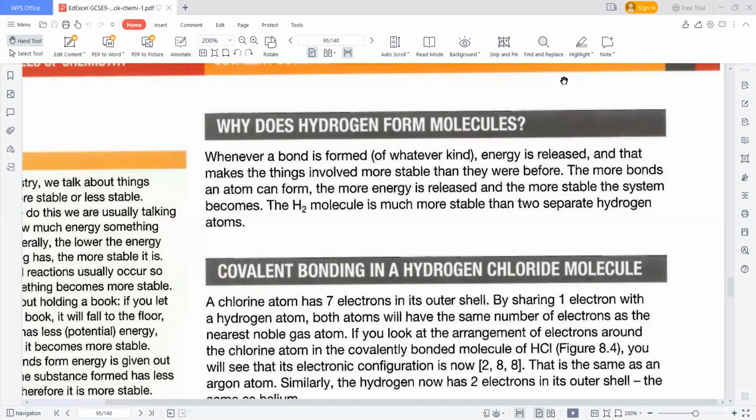So what they are trying to say is that things were earlier unstable. When they create the bonds, they got stabilized. So simply, things create bonds to attain stability.